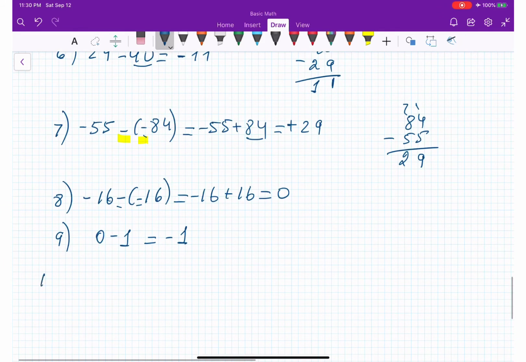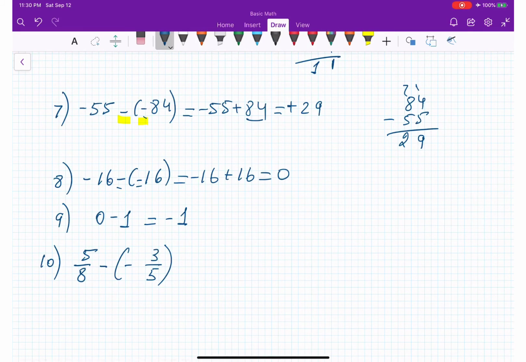Next, number 10. 5 over 8 minus negative 3 over 5.